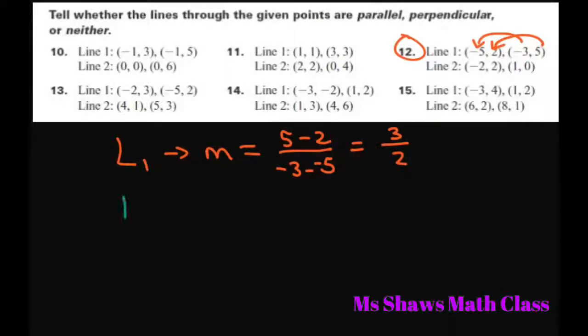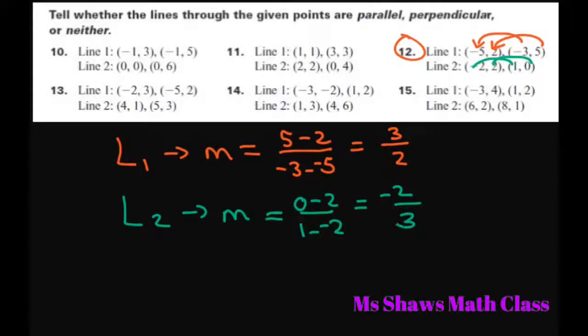And line 2, the slope's going to be 0 minus 2, and 1 minus a negative 2. Now that gives me negative 2 divided by 3. These are the negative reciprocals of one another, so these would be perpendicular. So they have the opposite signs, and they are reciprocals.